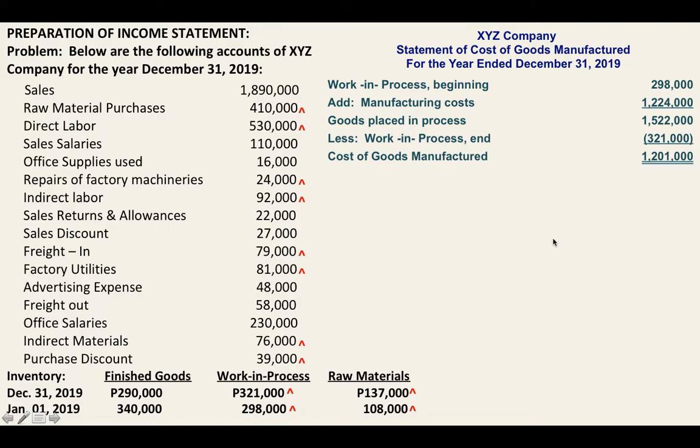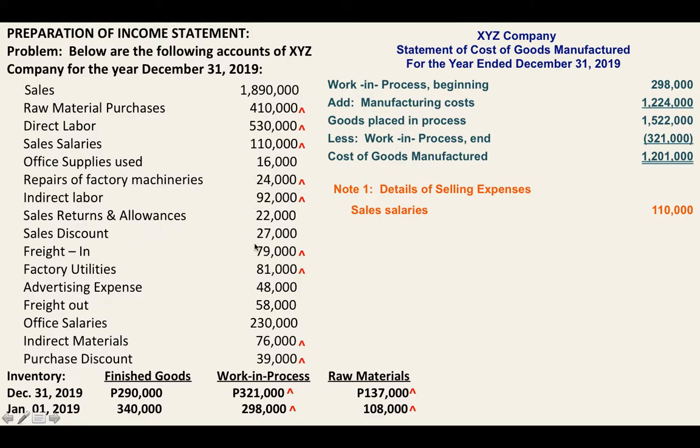Okay? And the other thing is that we have to prepare the notes of selling expenses. So let us identify which are selling expenses in this problem. Sales salaries is one, so we list sales salaries as part of our selling expenses. Office supplies, that's administration.